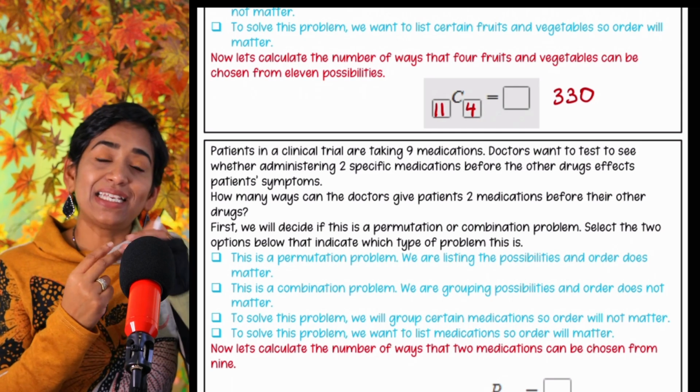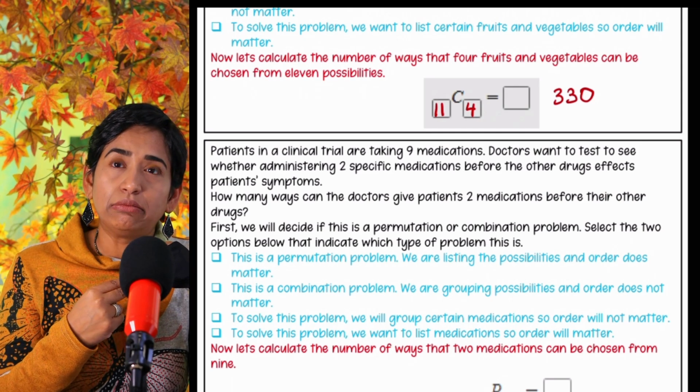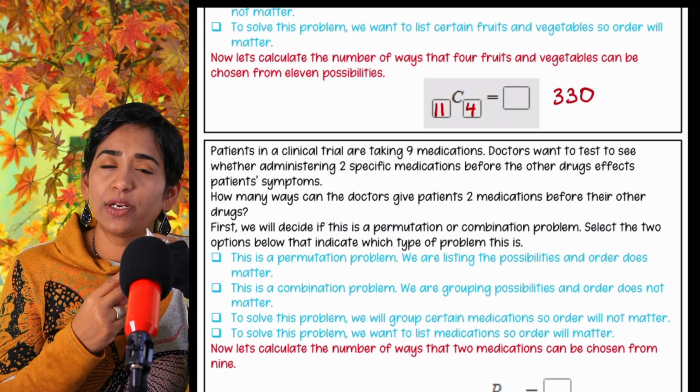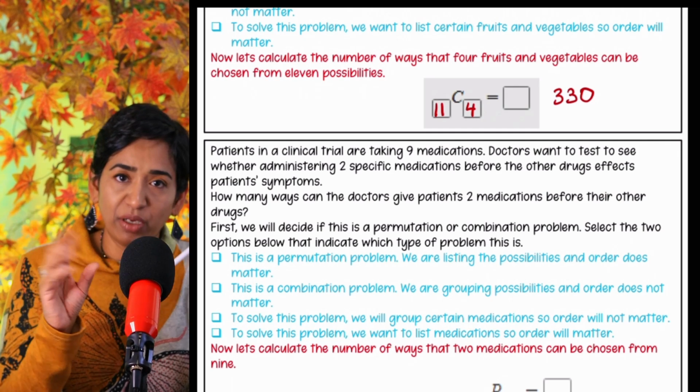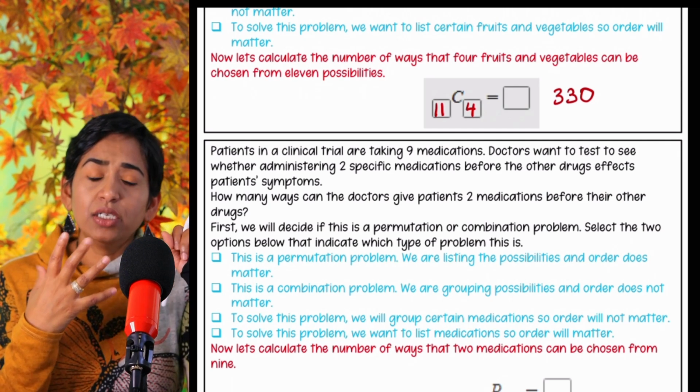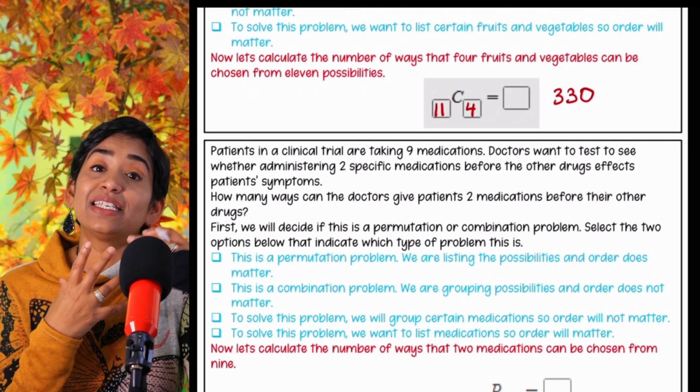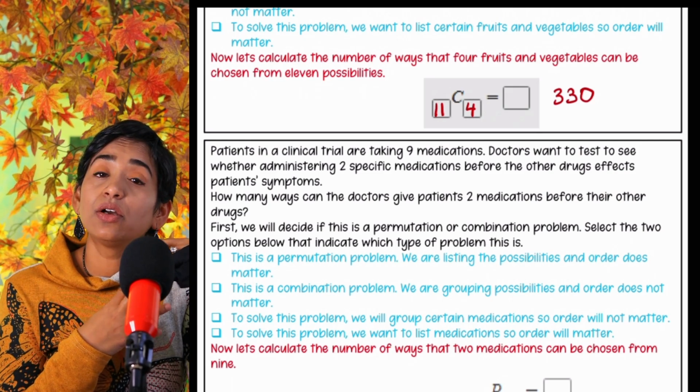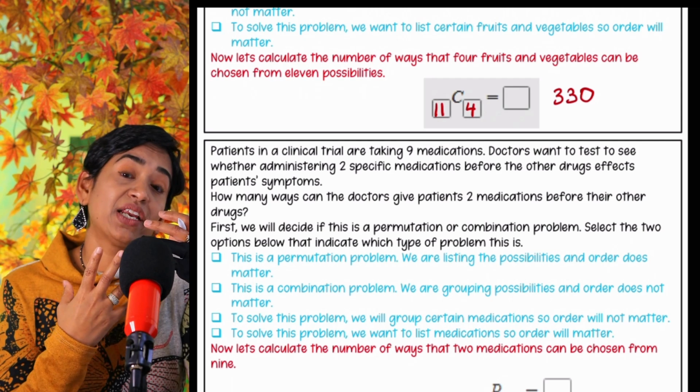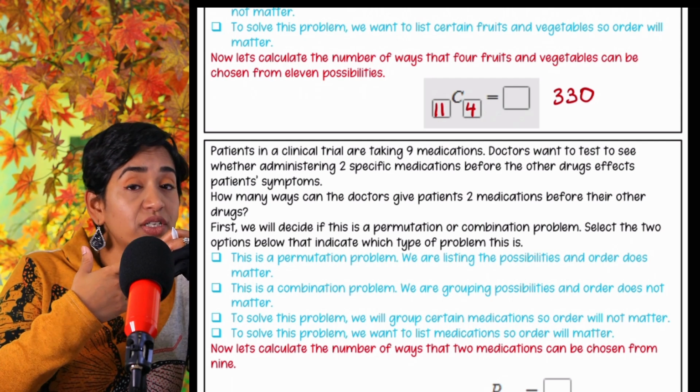Let's say we take Tylenol and Motrin, randomly picking those two. Does it make any difference if I give Tylenol first or Motrin first, or Motrin first or Tylenol first?